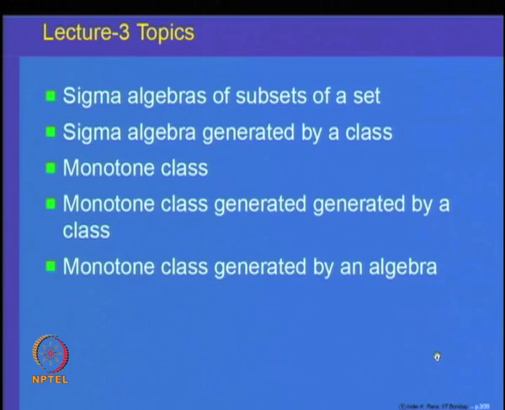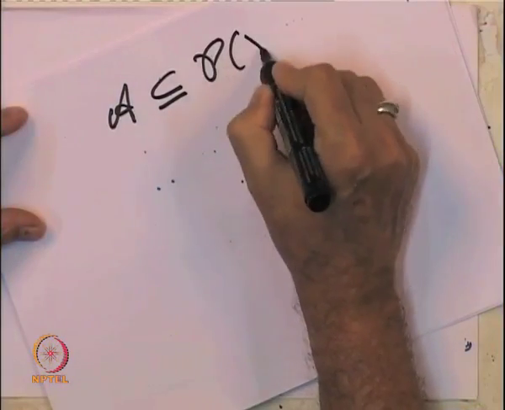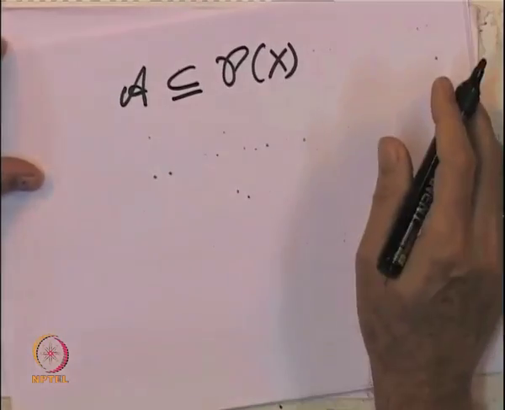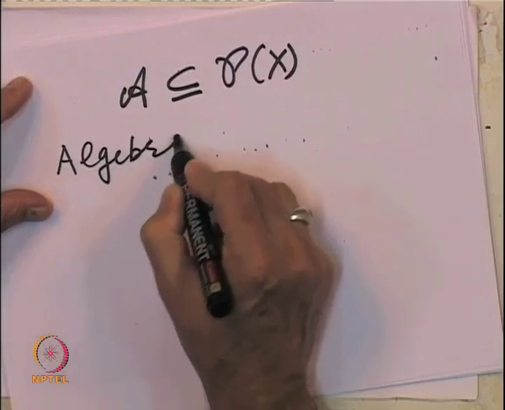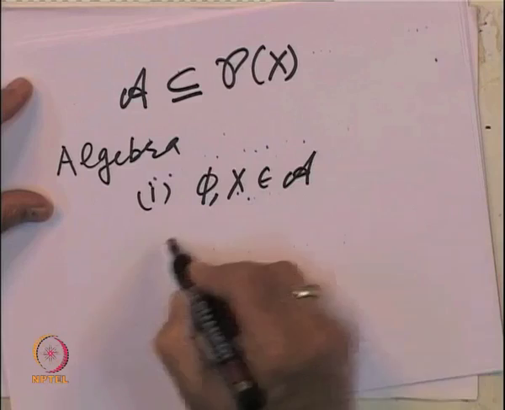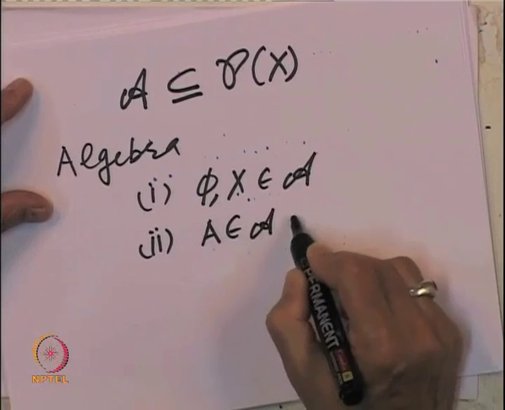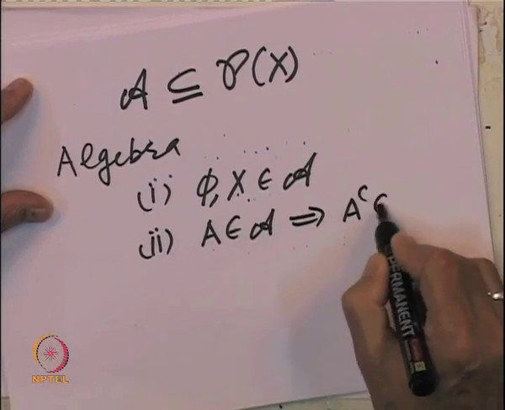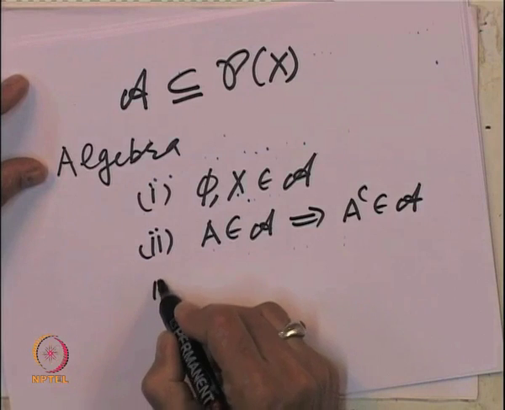So, let us just recall what we had started looking at, namely the algebra. We said an algebra of subsets: a class of subsets A contained in P of X, that is the power set of X, is called an algebra if it has the properties: 1, the empty set and the whole space are members of A. Secondly, whenever A belongs to the class A, its complement is also inside the class A, that is, the class A is closed under the operation of complements.